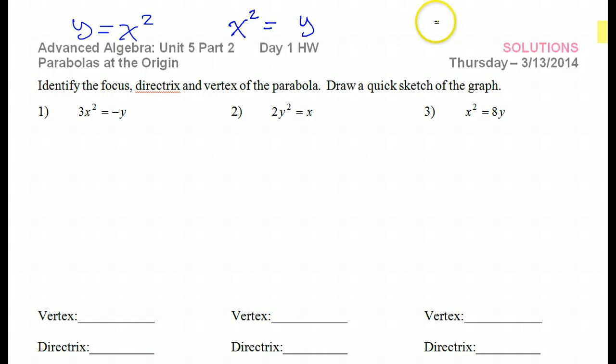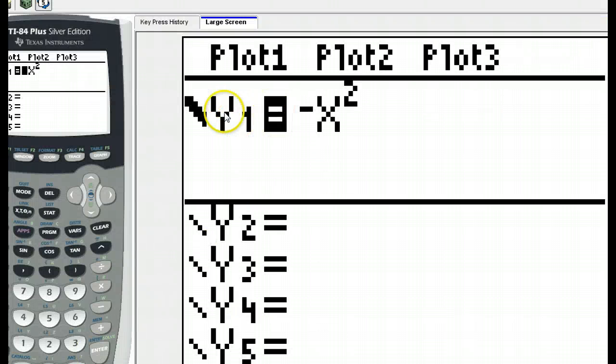Now, if you ever see an equation that has y squared instead of the normal x squared we're used to, if you see one that has y squared equals x, how would we even put this in the calculator? If you go to enter an equation, it already has y equals, and so you could put in x squared.